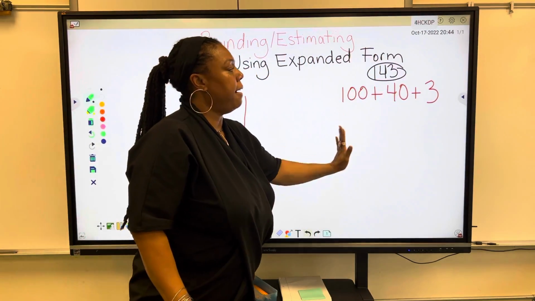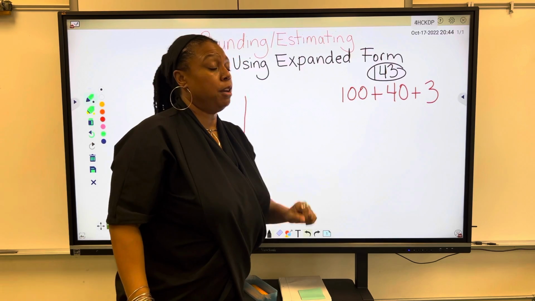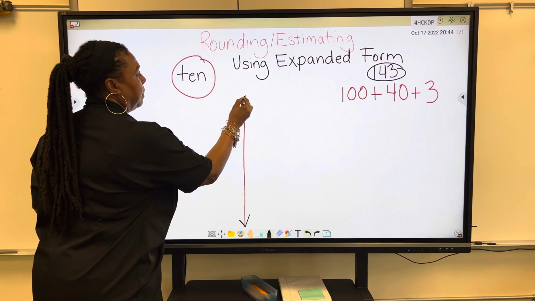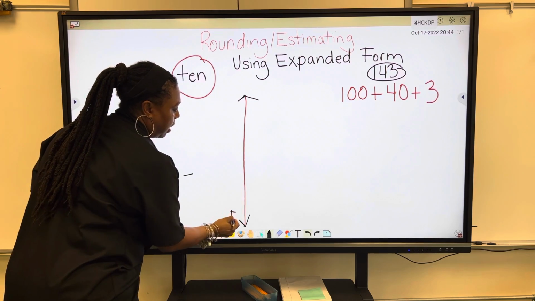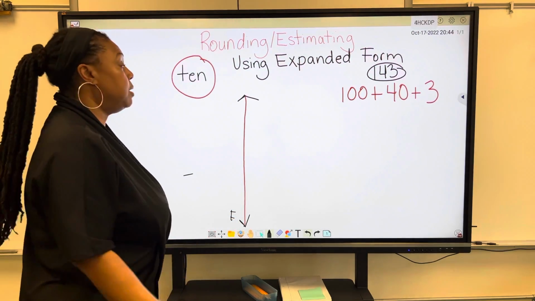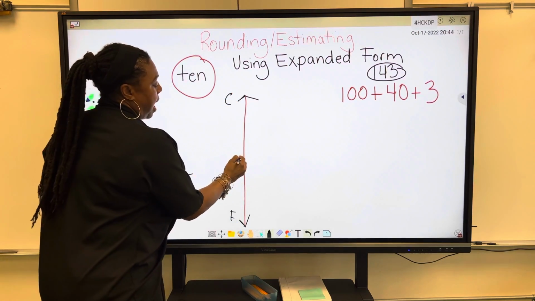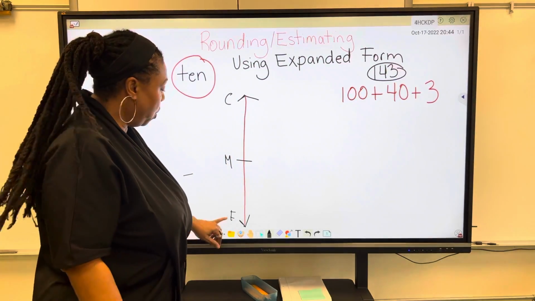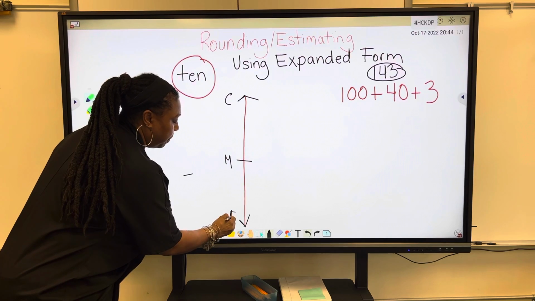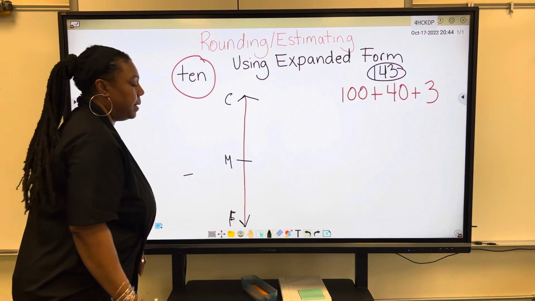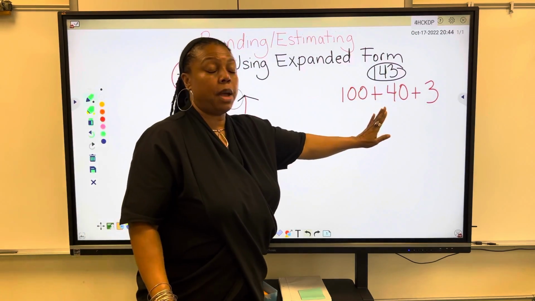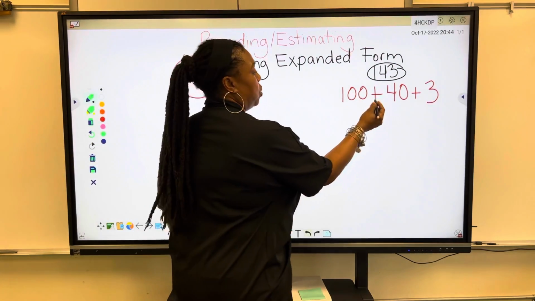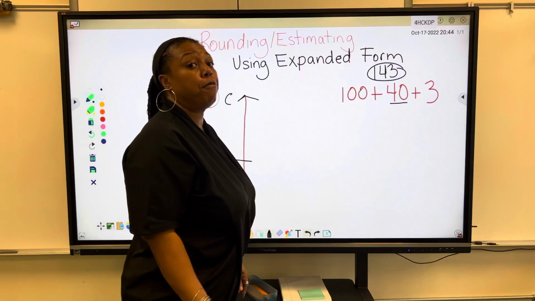So now that we have this number in expanded form, we are going to need to find our floor, and then we're going to need to find our ceiling, and then we're going to need to find our midpoint. So the way we find our floor, okay, is we take a look at the number that we wrote in expanded form and look at the number that has 2 digits, and that would be the 40.